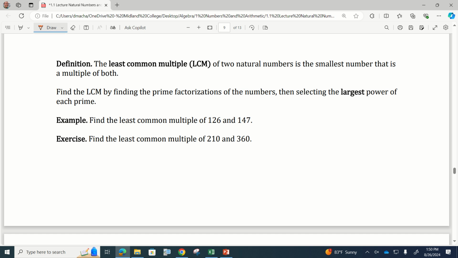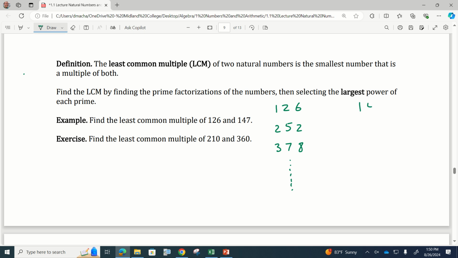Let's talk about least common multiple now. So the definition of least common multiple is you start off with 2 numbers and you make a long list of multiples for both numbers, right? So the way this might look is like I say 126, 252, 378, and on and on and on.